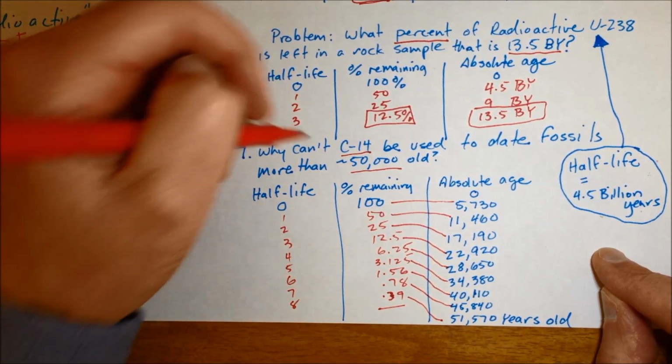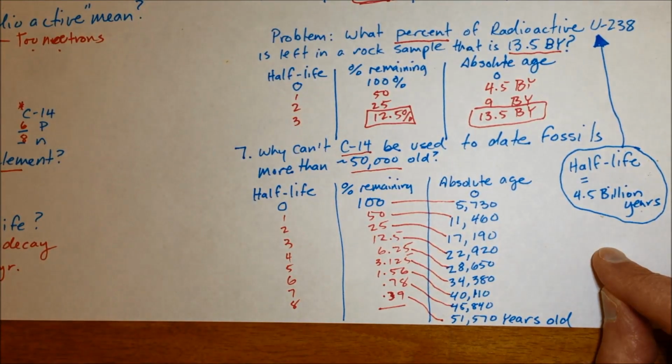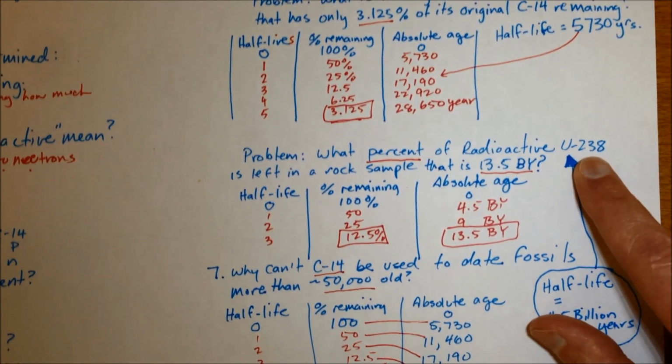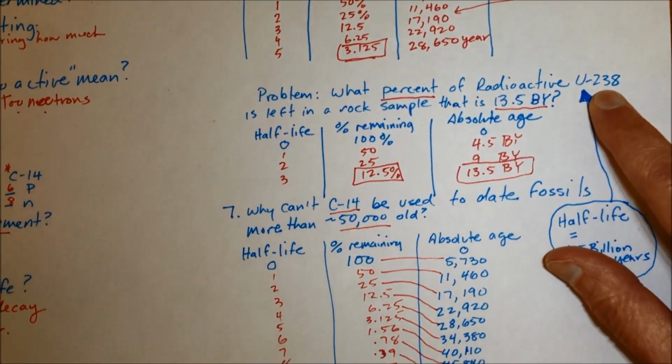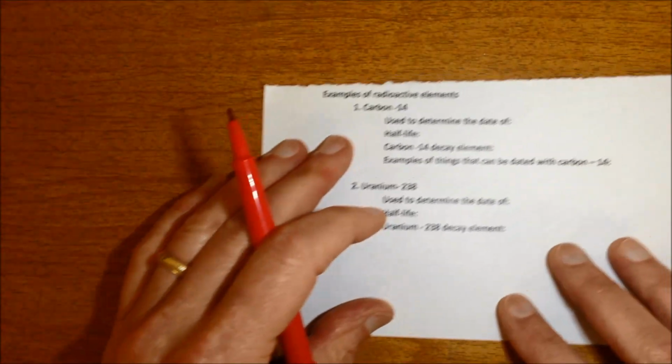That's why they don't generally use C14 after about 50,000 years old. They end up using another isotope, maybe dating the volcanic layers using uranium-238 above and below where a fossil was discovered.